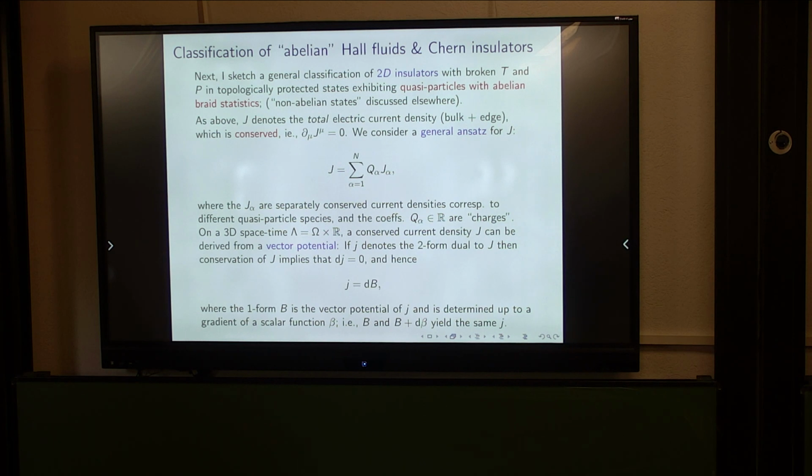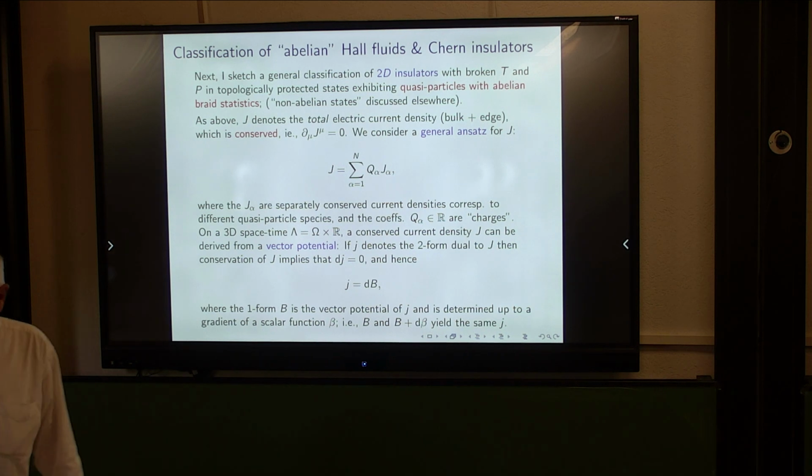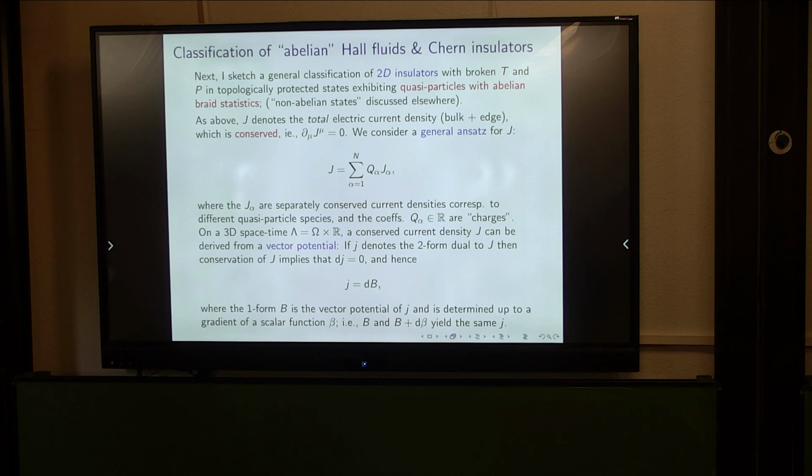Can you, so for fractional quantum Hall effect, can you assign N for each plateau? We will, no. A single plateau corresponds to a theory with several conserved current densities, as we will see. You see, it's easier to interpret what capital N means when you look at edge currents.